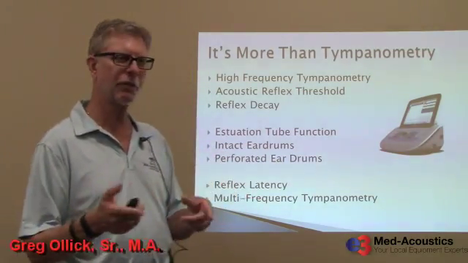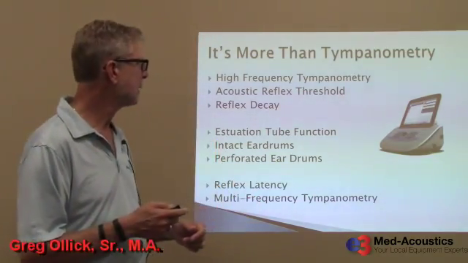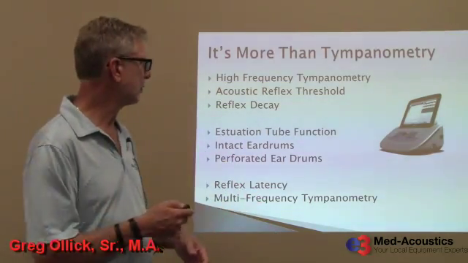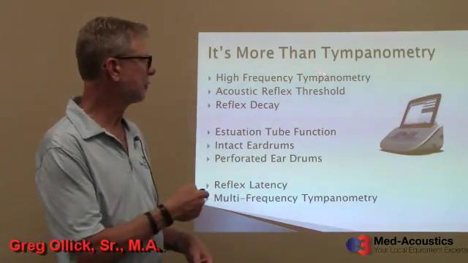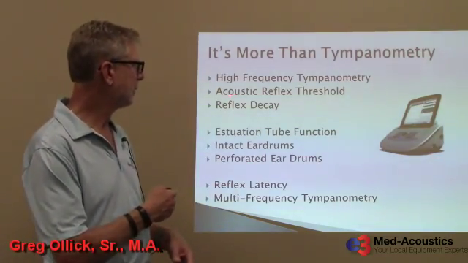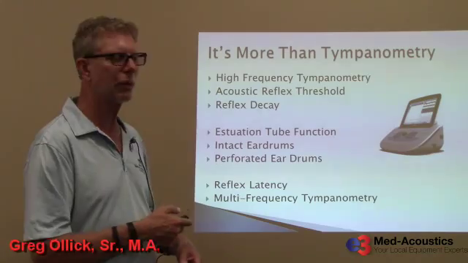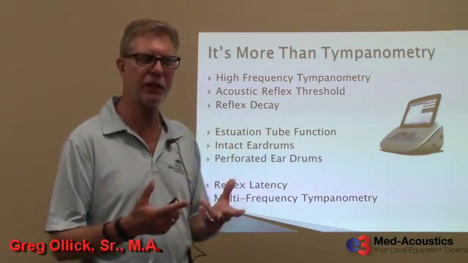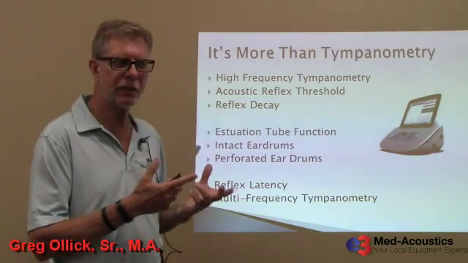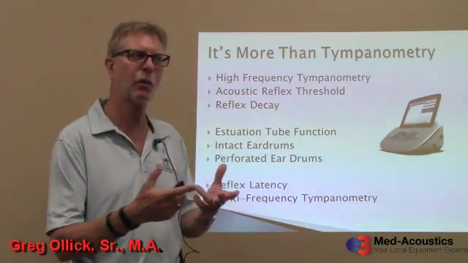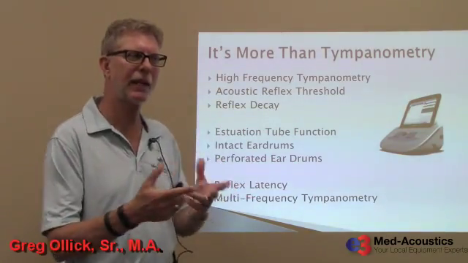That was kind of a review of basic tympanometry. But functions that we'll find in these newer instruments would be something like high-frequency tympanometry, and I'll talk about that on the next slide. Another thing would be acoustic reflex threshold. On the tympanometers, the automated screeners, if you decide to do reflex threshold, it is automated. It determines it automatically on an abbreviated scale.